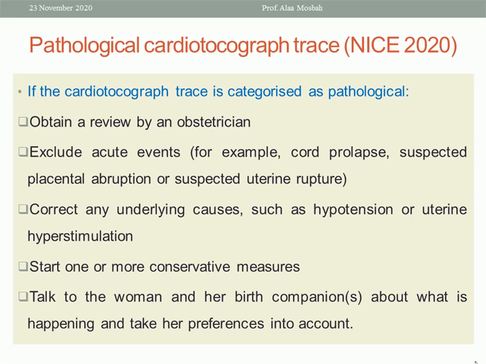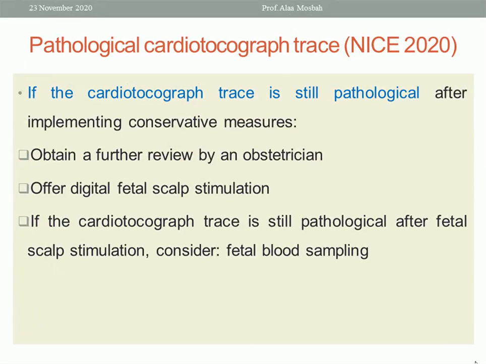Correct any underlying causes such as hypotension or uterine hyperstimulation. Start one or more conservative measures. Talk to the woman and her birth companion about what is happening, take her preferences into account, and let her know the different lines of treatment that should be done.